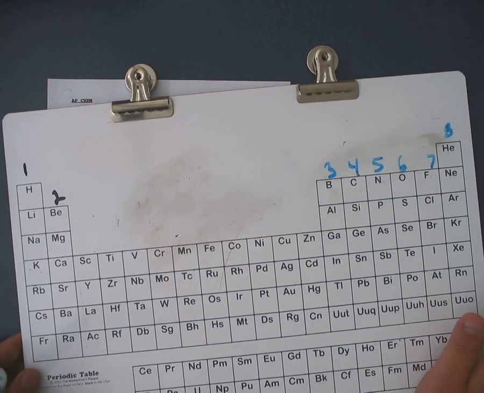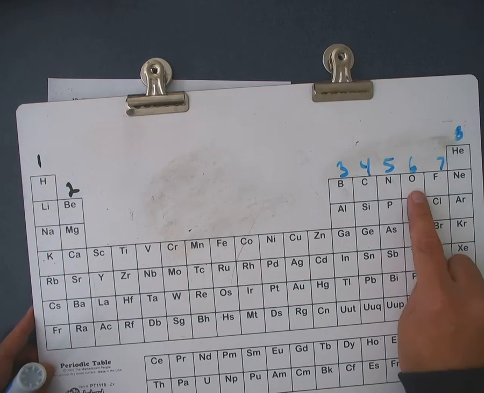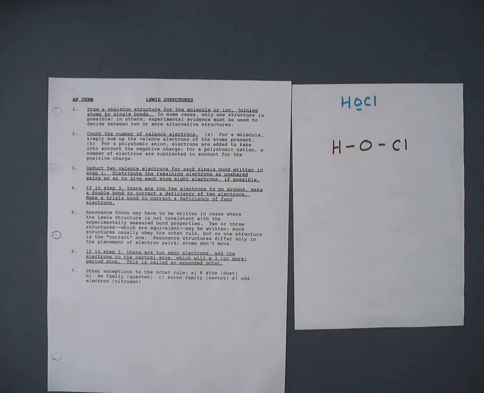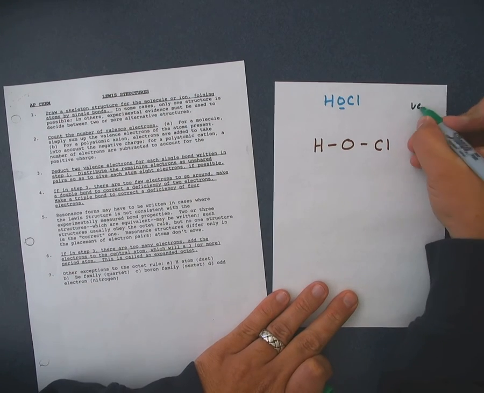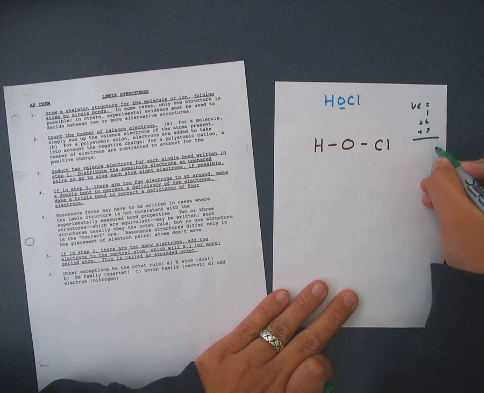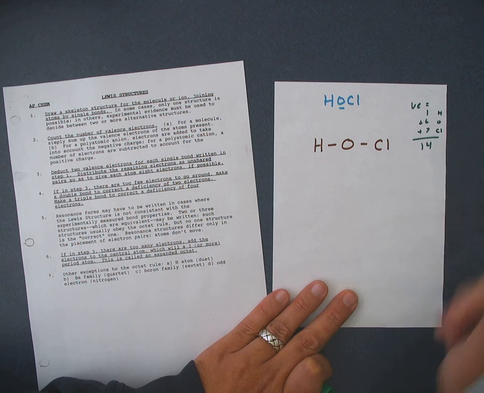If I look up hydrogen, that contributes 1 valence electron, oxygen contributes 6, and chlorine contributes 7. So that's what the second step means. We have to count up the valence electrons. I usually do that off to the side. Valence electrons equals 1 plus 6 plus 7, and that totals 14. Again, this number came from the hydrogen, this number from the oxygen, this number from the chlorine.